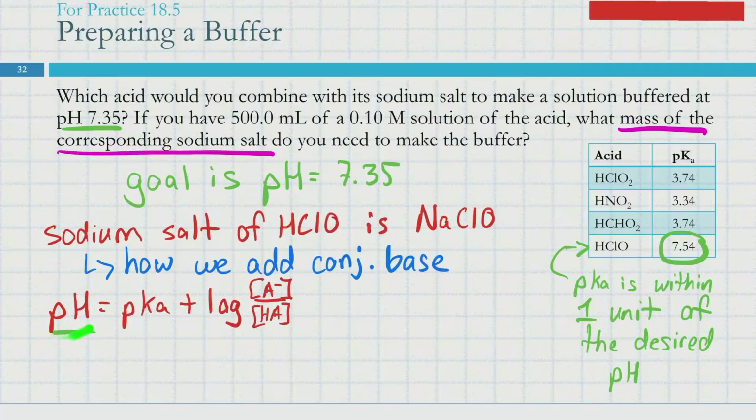So this time we're not solving for pH, we're using pH as one of our inputs. We also have our pKa, we've got that from our table. And we've got 500 milliliters of a 0.10 molar solution of the acid. Underline that one in blue.